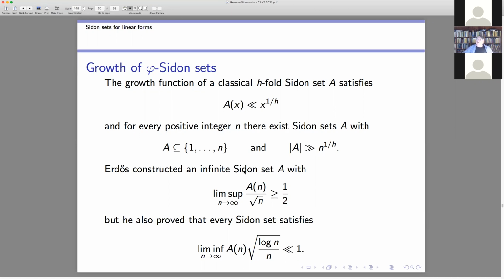This is not for a linear form. This is the traditional Sidon set for a_1 plus a_2 of integers, where the lim sup of A(n) over root n is positive, bounded away from 0 and at least a half. But he also proved that if you take any infinite Sidon set, it can't be always bounded away.